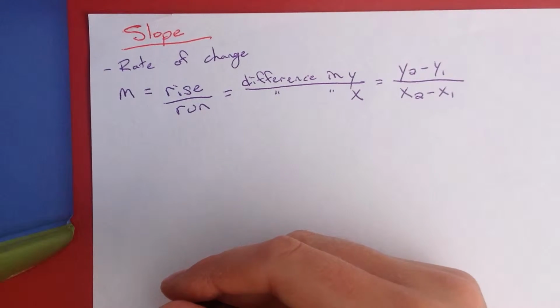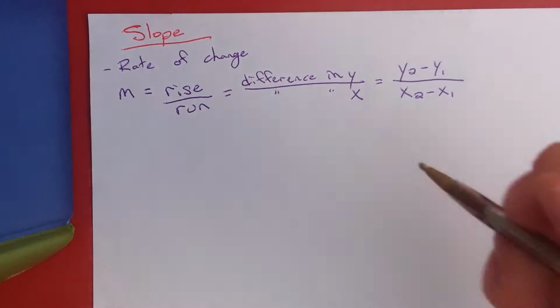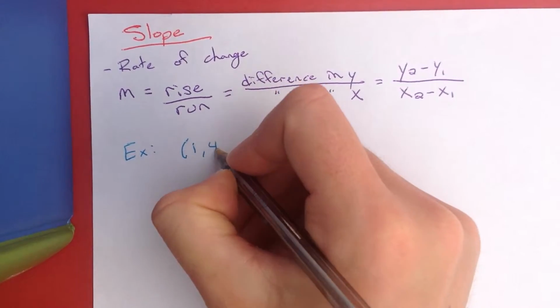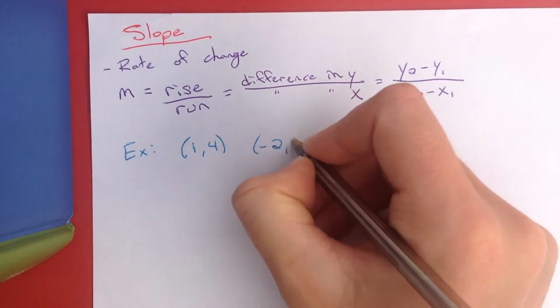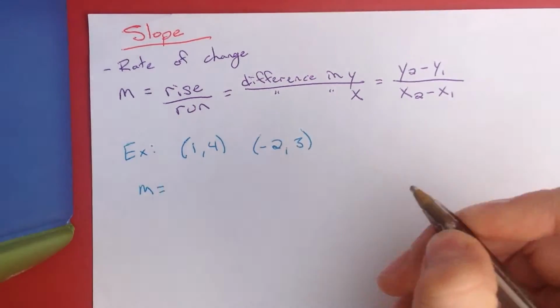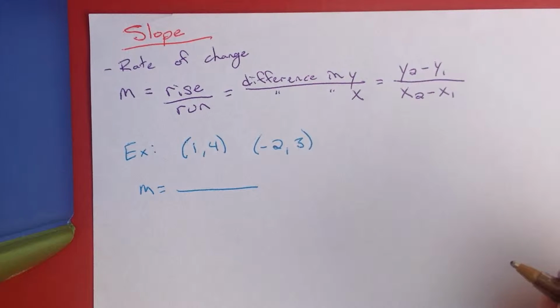So if I want to find the slope between 2 points, for example, say that I was given the points (1, 4) and (-2, 3). To find the slope in between, we say m equals our difference in y's. So we just have to decide which point's number 2 and which point's number 1.